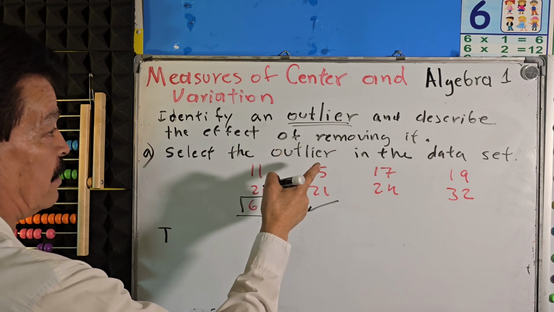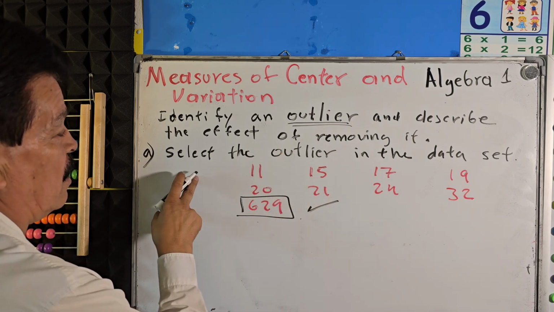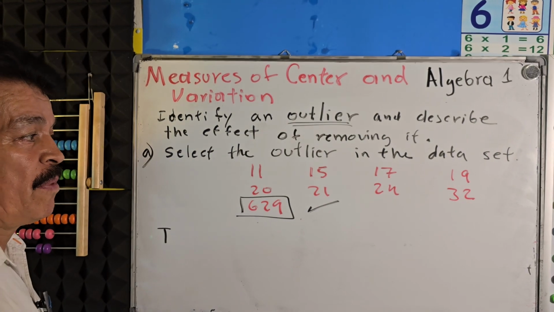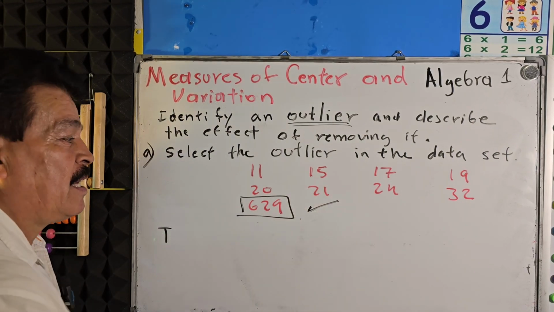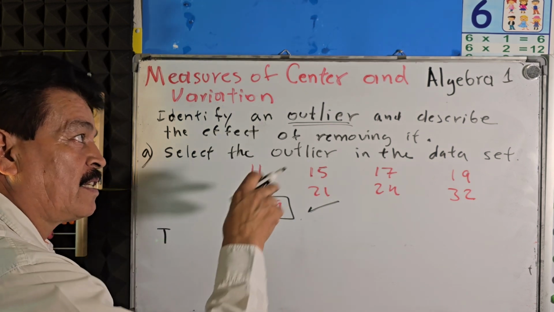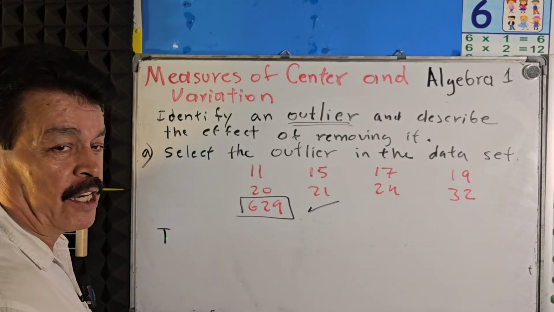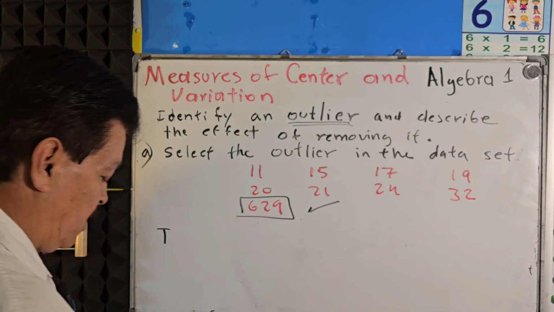Identify an outlier and describe the effect of removing it. So when you remove this number, the data changes. Immediately the data is completely different. If you try to find the mean or the other measures of center and variation, they immediately change.